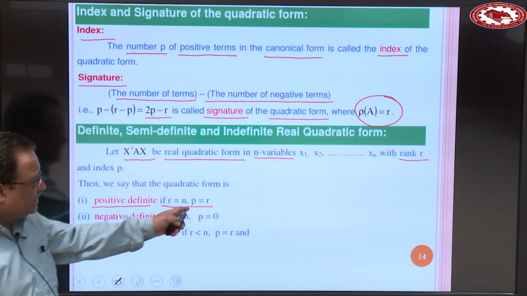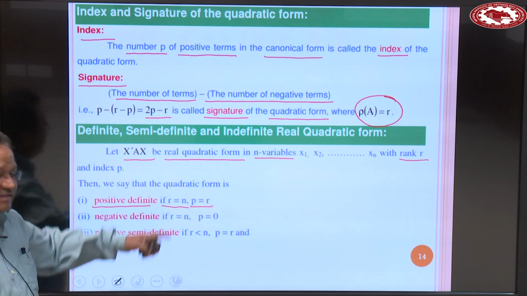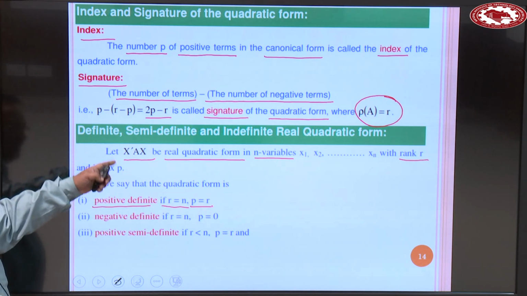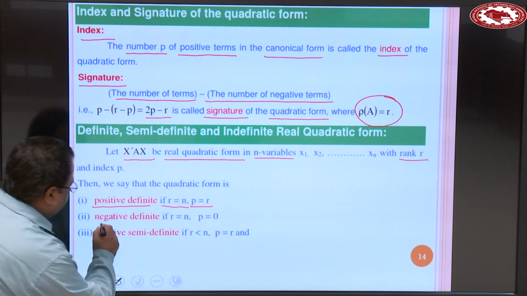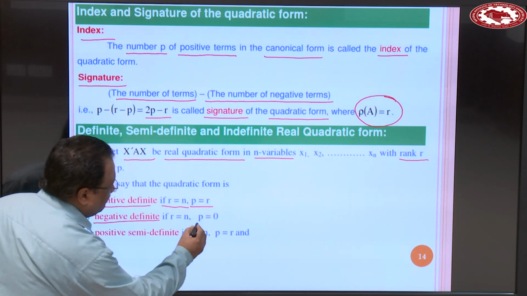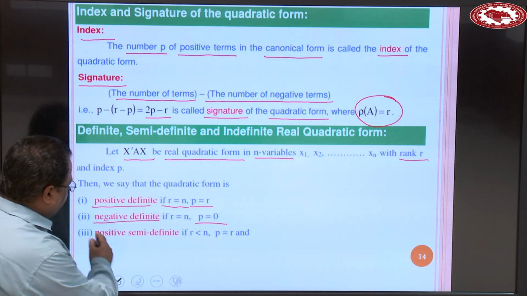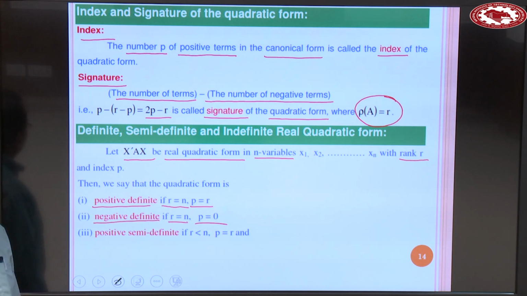If index is equal to rank and rank is equal to total number of variables, then we say that quadratic form is positive definite. Then negative definite is when P is 0, means no positive term, right? So that one is negative definite and rank is equal to number of unknowns.